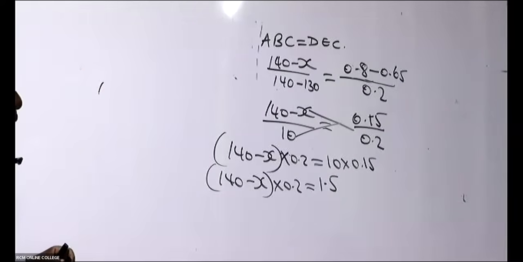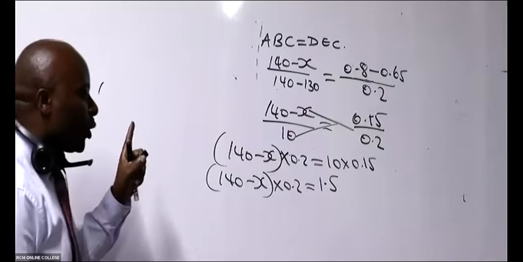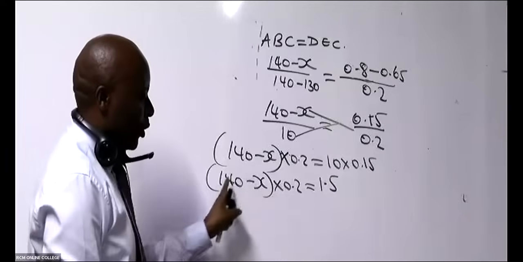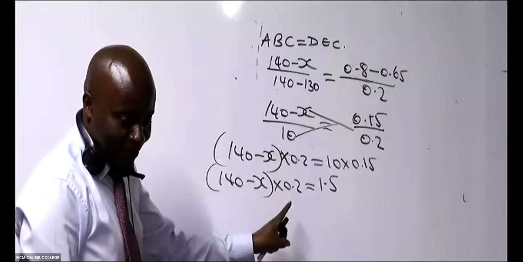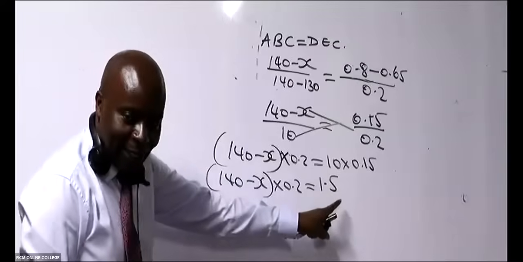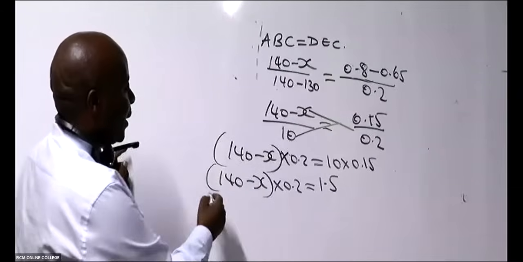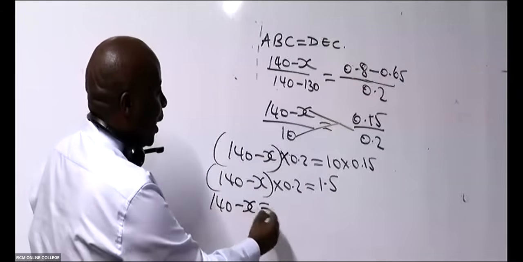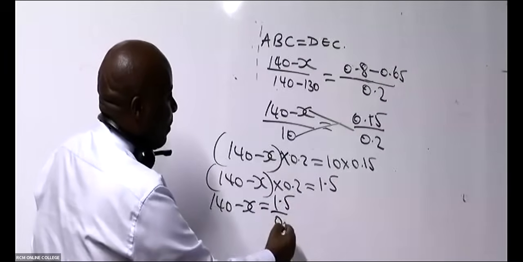Here I've got two options: the first is to multiply each one of them, or I divide directly here. So I can say 140 minus x equals 1.5 divided by 0.2.